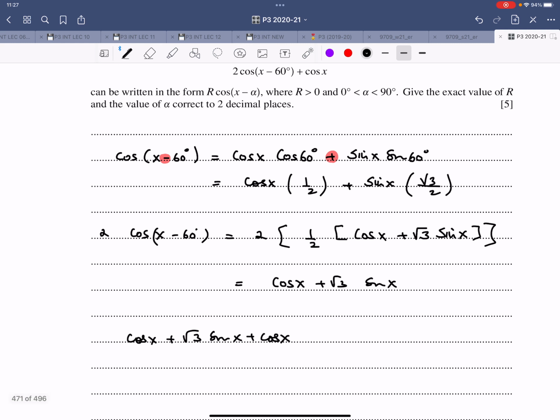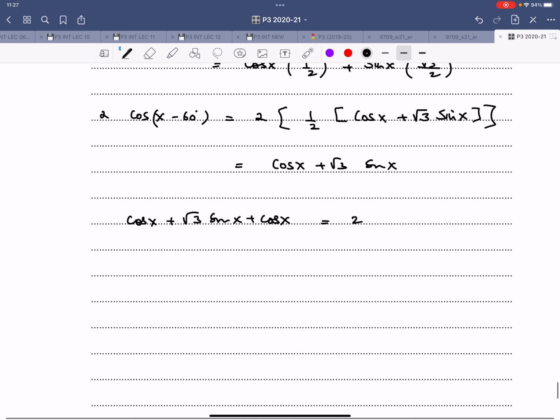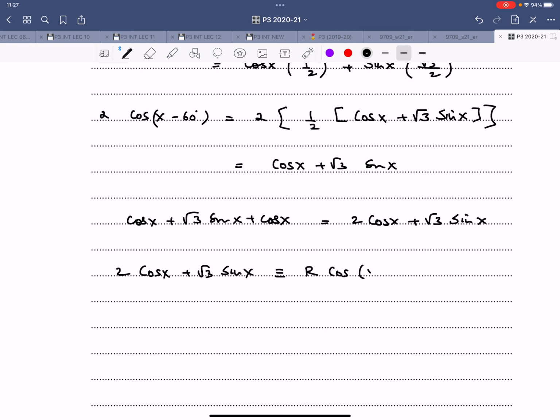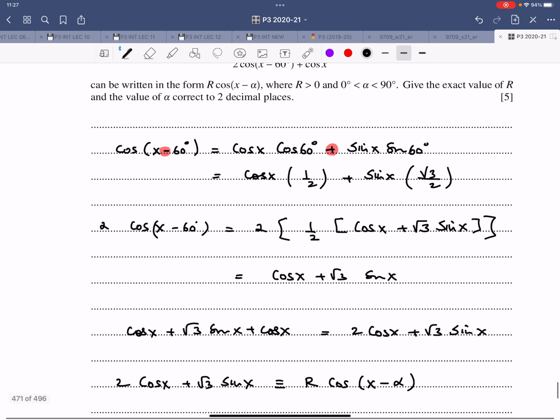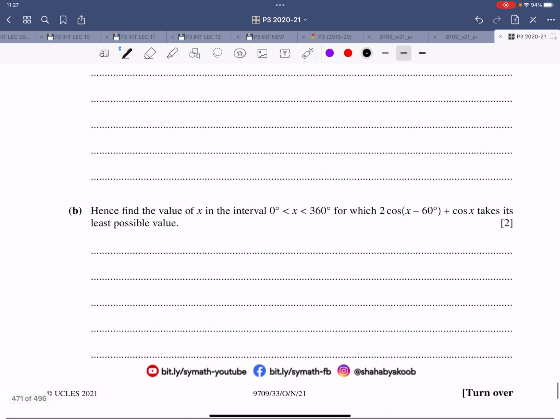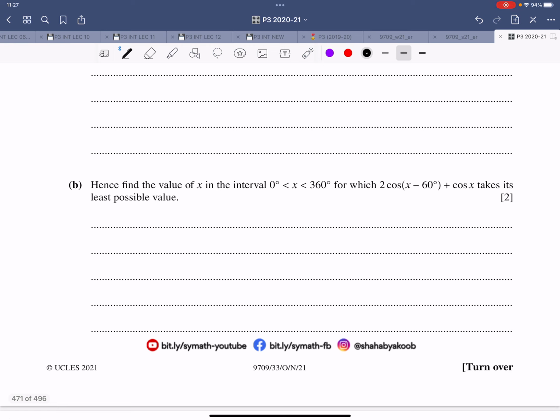Since we are converting into cosine x, this is 2 cosine x plus root 3 sine x. This is the simplified form. 2 cosine x plus root 3 sine x has to be converted to r cosine x minus alpha. Give the exact value. And then the second part, they're asking us to find the value of x in the interval for which it takes its least possible value.